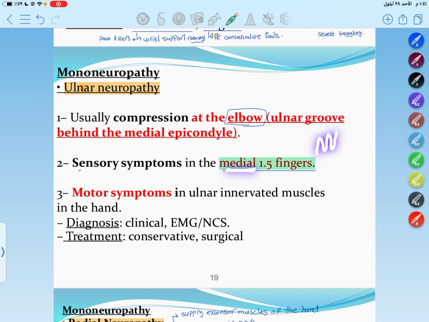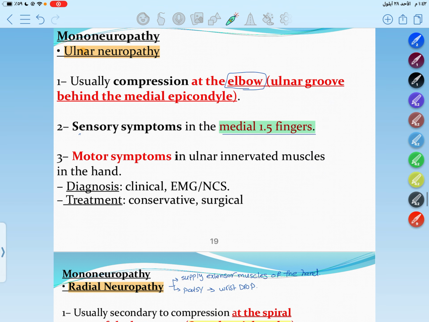And sometimes, in advanced cases, we have motor symptoms, like atrophy in the muscles supplied by the ulnar nerve. Of course, for diagnosis you use nerve conduction and EMG. And the treatment is the same: early conservative, late surgical.